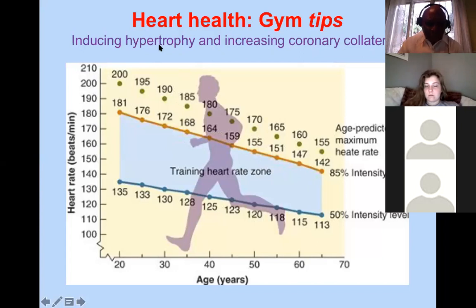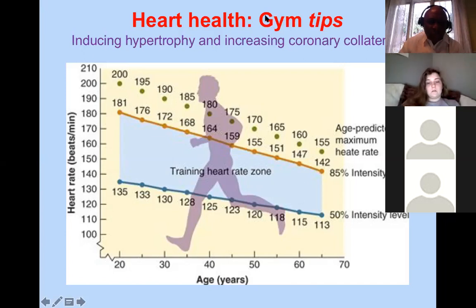Let's start with hypertrophy. We've already talked about two types of cardiac hypertrophy. There's a good one and there's a bad one. The good hypertrophy of the heart is the one that's induced in the gym, okay?